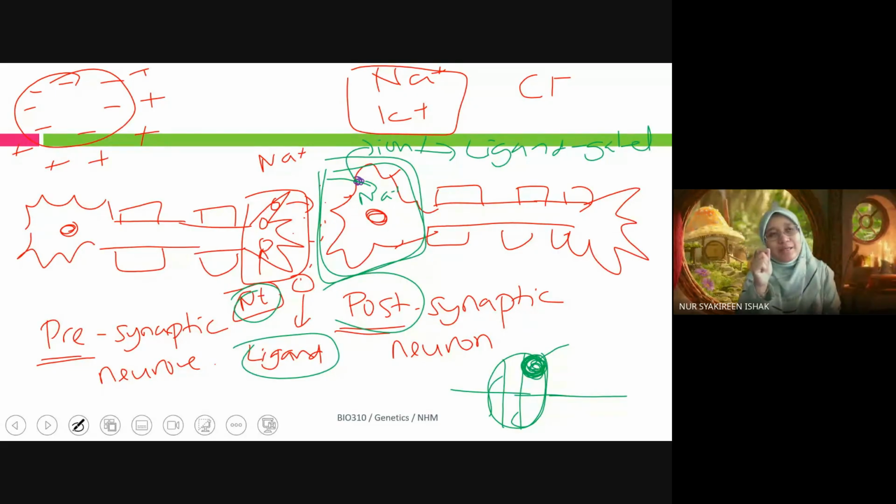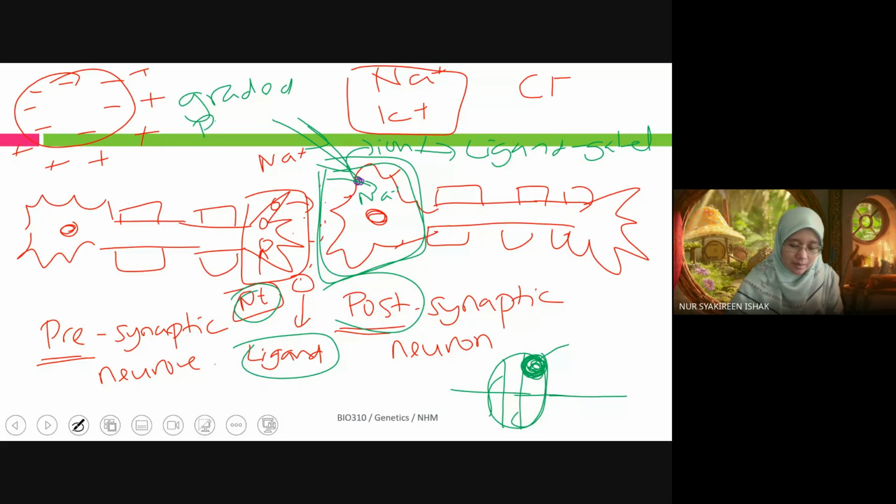We call it as graded potential. Kat sini kita namakan dia sebagai graded potential. So graded potential can only occur along the dendrite, along the cell body until it reaches the axon hillock.